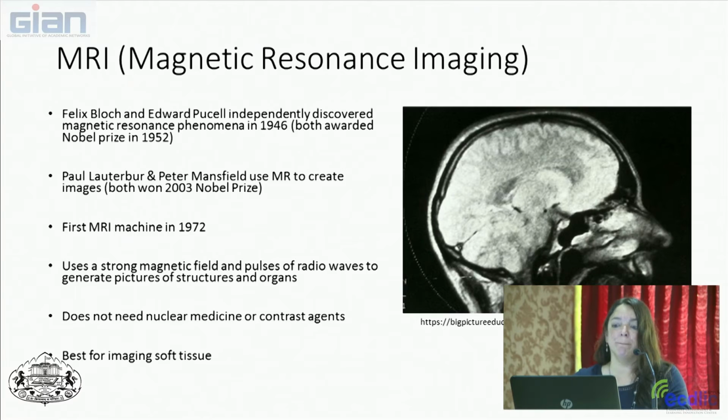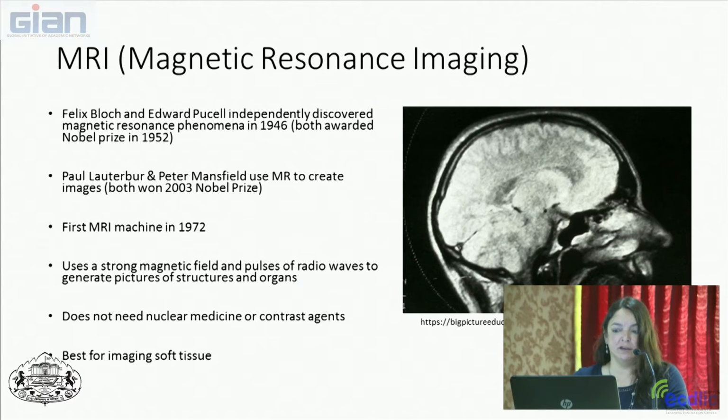But later in the century, Peter Mansfield and Paul Lauterbur then used MRI to start creating images. This was a very clever way to take NMR data and turn it into 2 and 3 dimensions. Like I said, we'll talk about that in a lot more detail tomorrow. But the first MRI machine was in 1972.